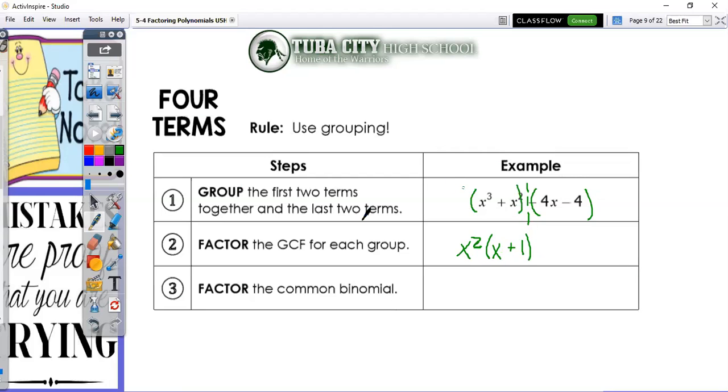Now here's the tricky part. This is the part that is super tricky. If your second term has a negative, you've got to make that first term negative. So what you're trying to do is make it look like this. So I'm going to factor out a negative, -4.